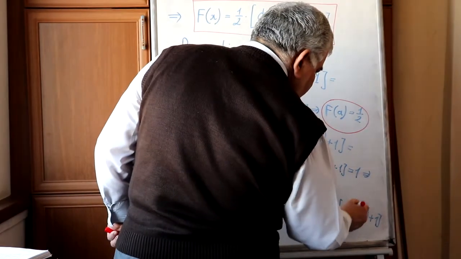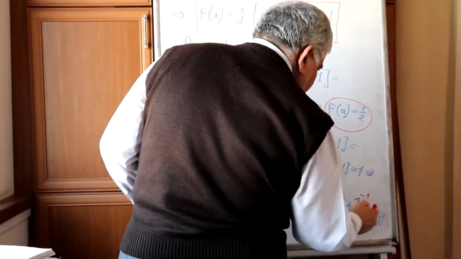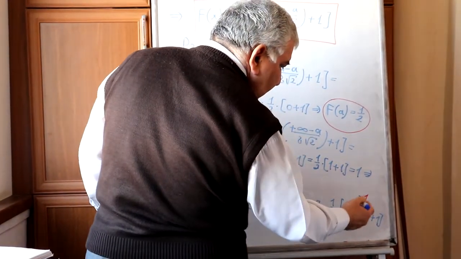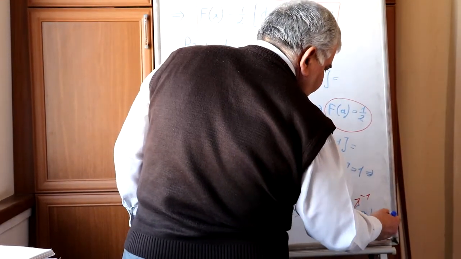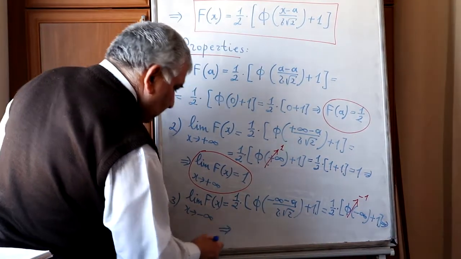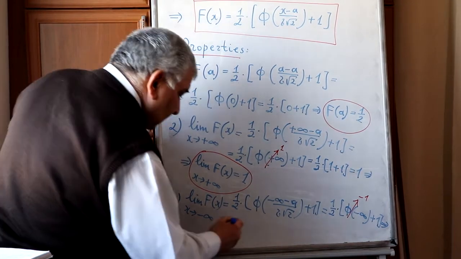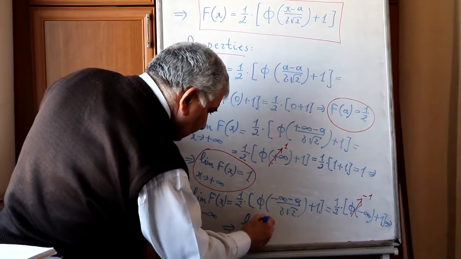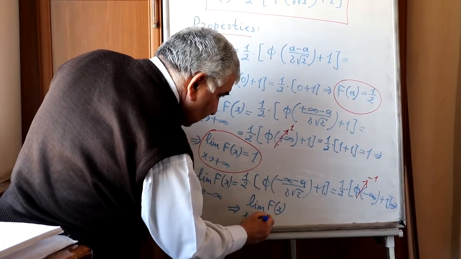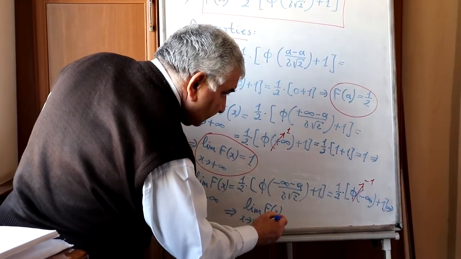It tends to minus 1, and therefore minus 1 plus 1 is 0. 1 second multiplied by 0 will give 0. Therefore we also have the third result: limit of F(x) when x tends to minus infinity is 0.